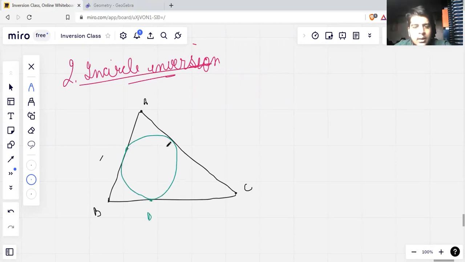It intersects the triangle at D, E, F. Then also let I be the incenter. Then we invert the figure about the incircle.